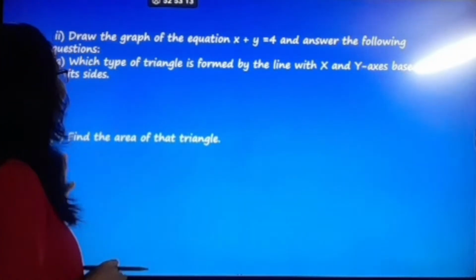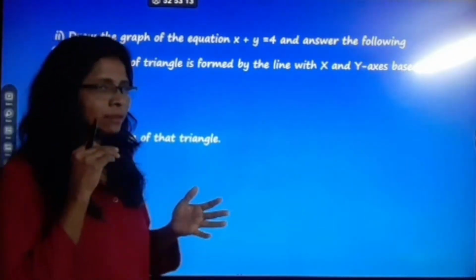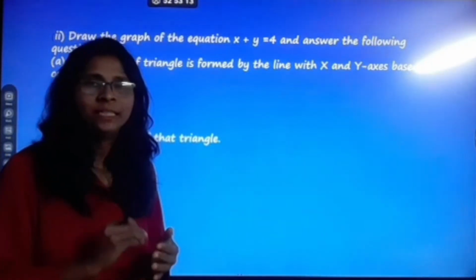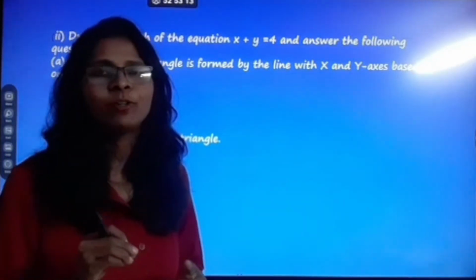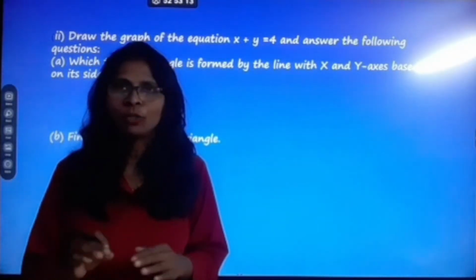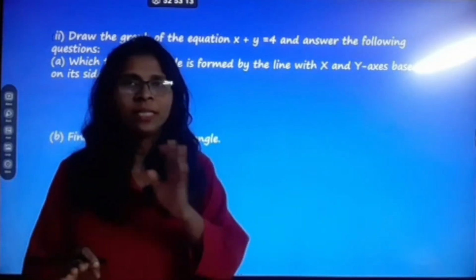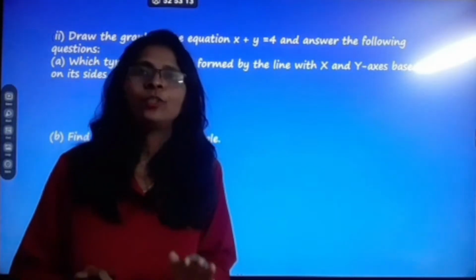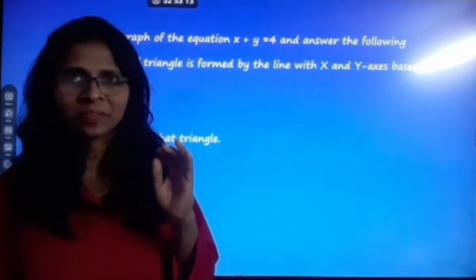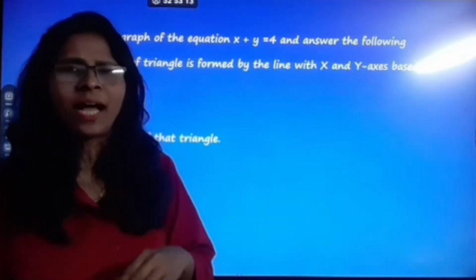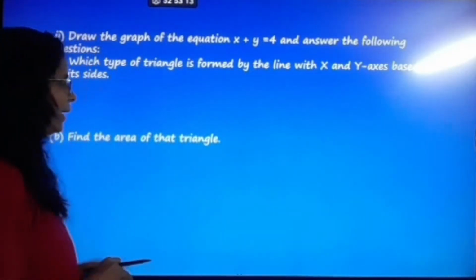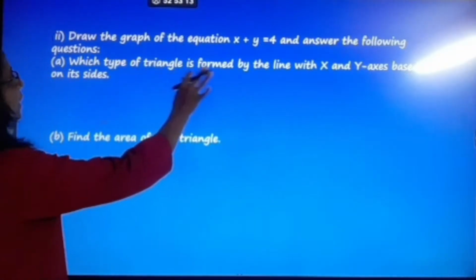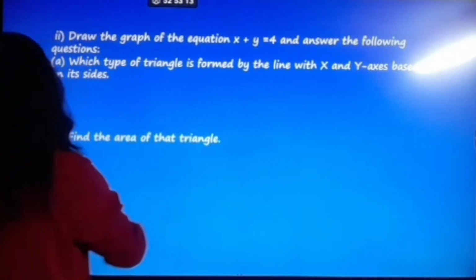I know that the coordinates can be found without the graph, but still I draw it on the graph paper. After that I rub it out. Here the equation is x plus y is equal to 4.